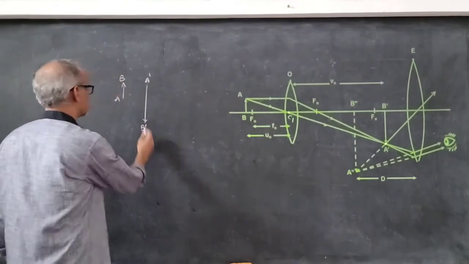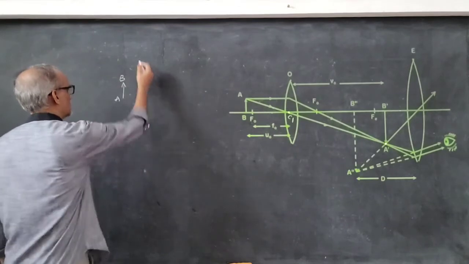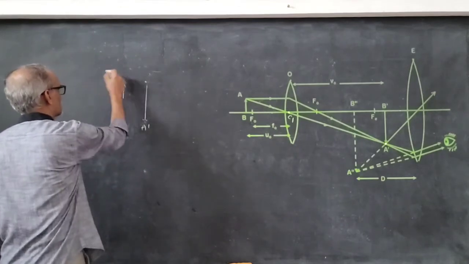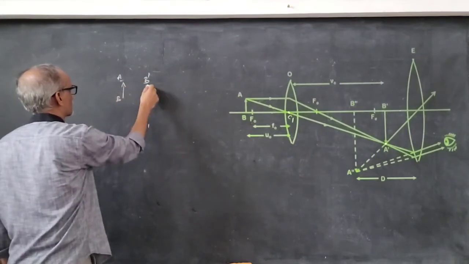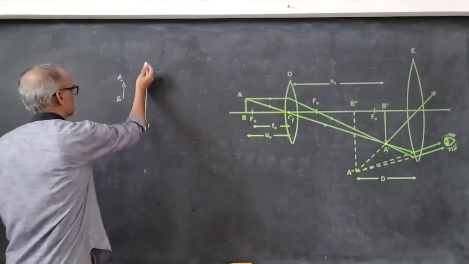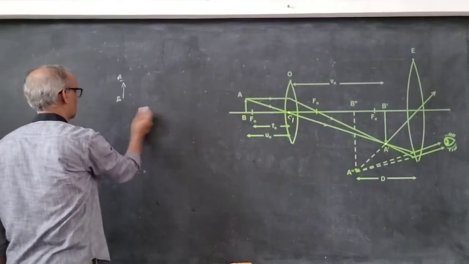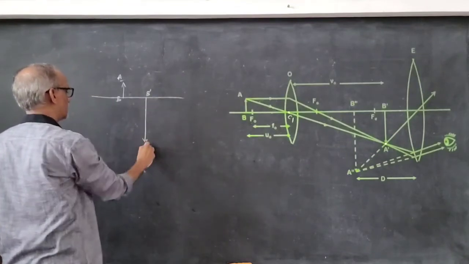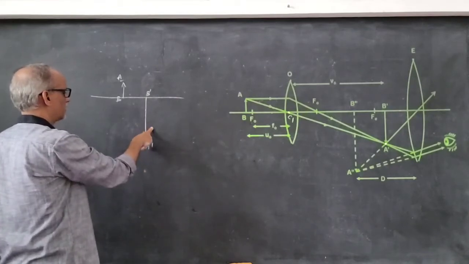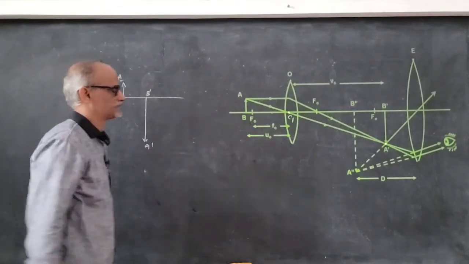This is B dash, this is A dash. So a real, inverted and enlarged image we get.